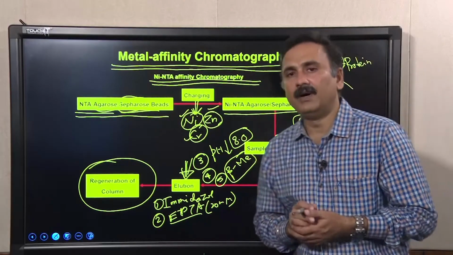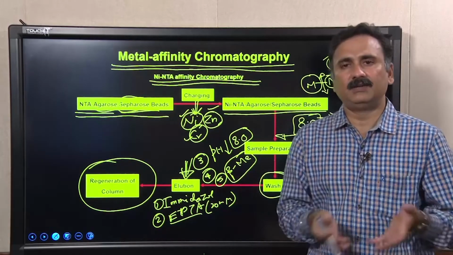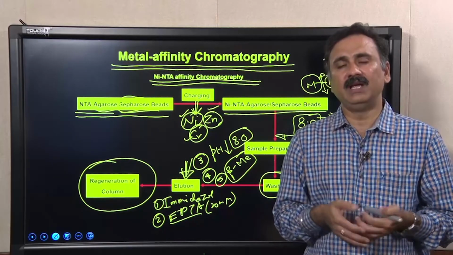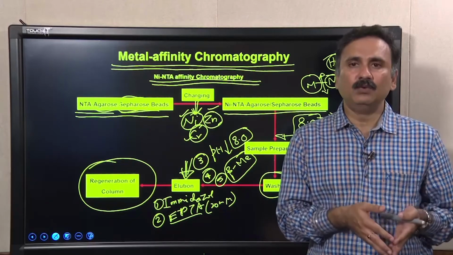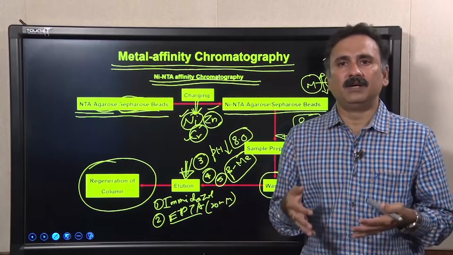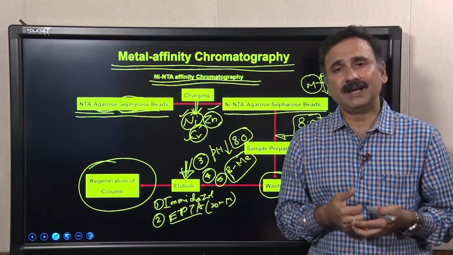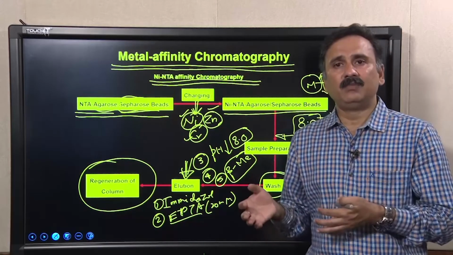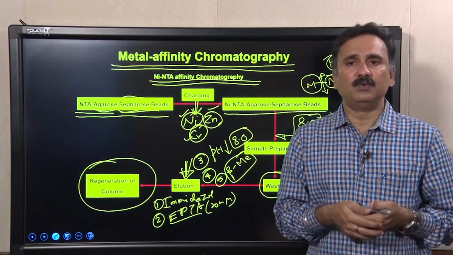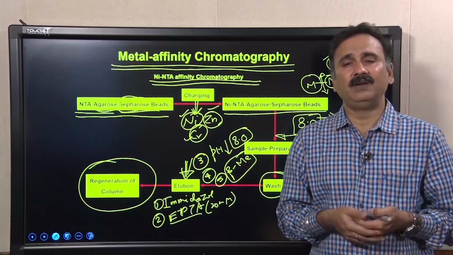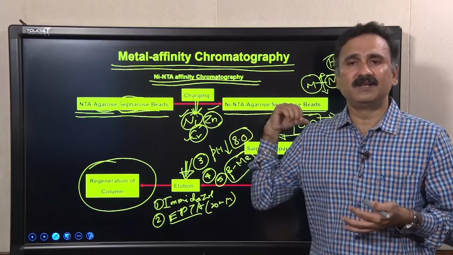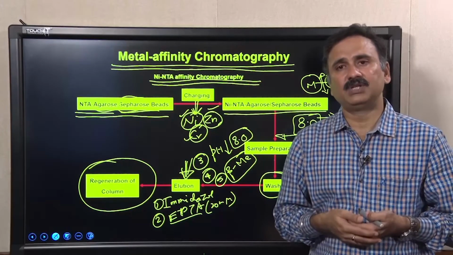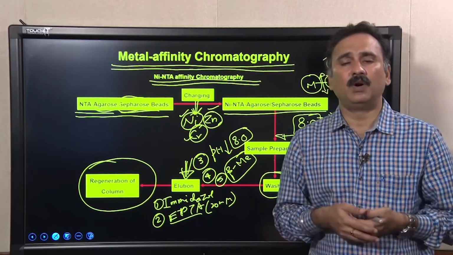So, with this, since these are the theoretical explanations of how to perform nickel NTA chromatography, I thought of taking you to my lab, where the students are routinely utilizing nickel NTA affinity chromatography, and they might be able to show you how to perform the nickel NTA chromatography and how to do all these different steps to do the purifications, and how to analyze the purifications after the affinity columns and so on.